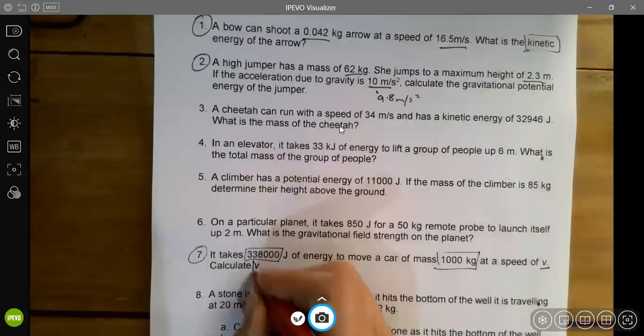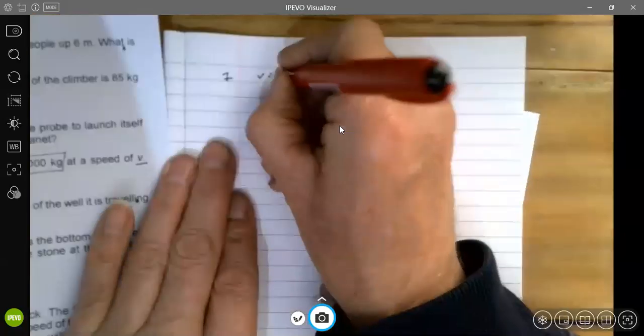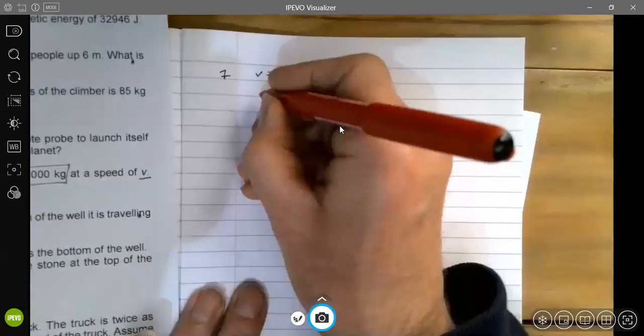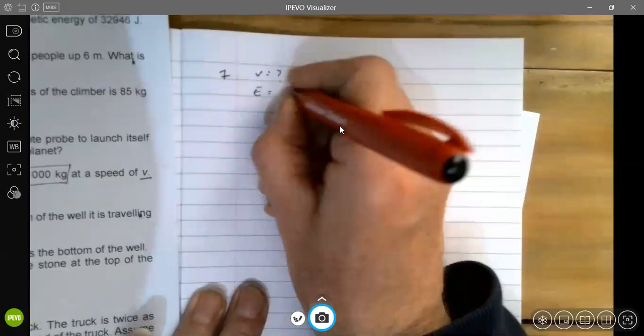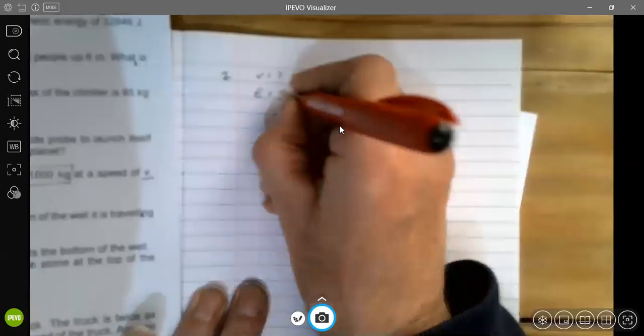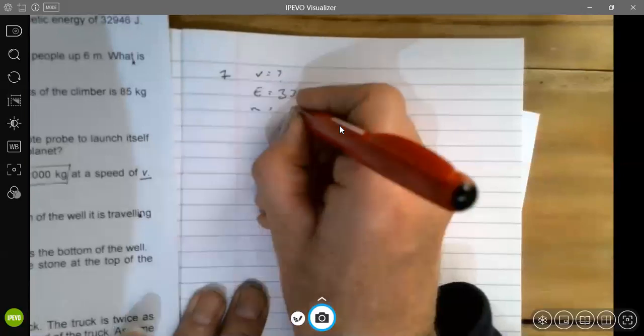Calculate v. I don't know what v is, but I do know my kinetic energy is 33,800 joules, and I've got a mass of 1000 kilograms.